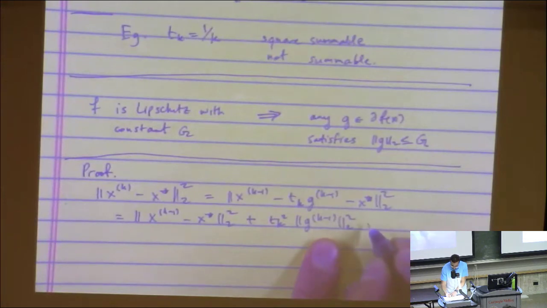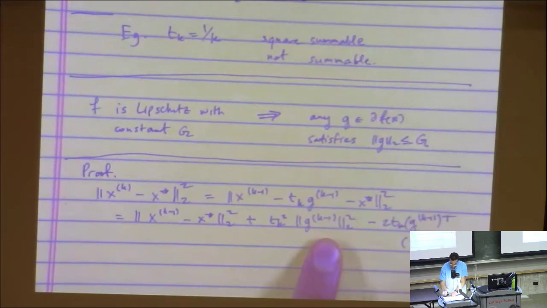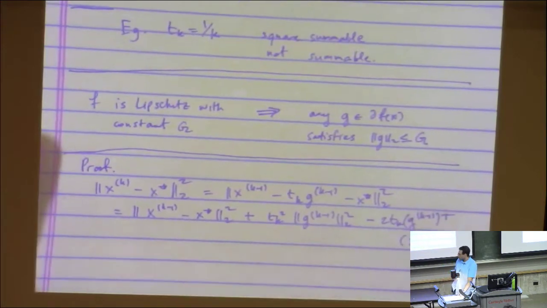And the cross term is negative 2 times tk times gk minus 1 transpose times xk minus 1 minus x star. Okay?